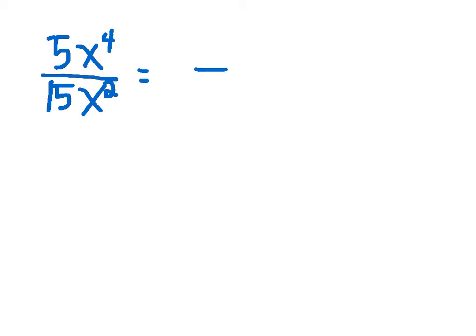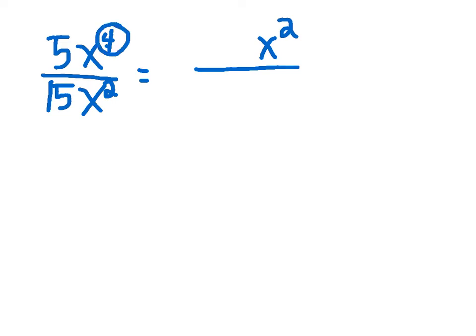Now let's get some numbers involved. If I look at the fraction 5x to the fourth over 15x to the second, based on what I just said, we know that 2 of these x's will cancel 2 of these, leaving x squared on the top because the 4 is bigger.